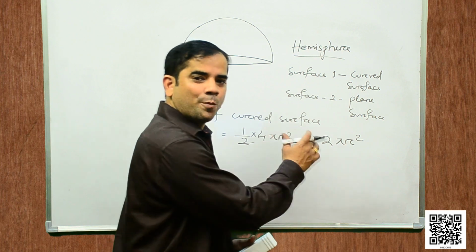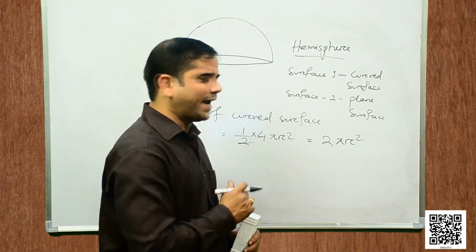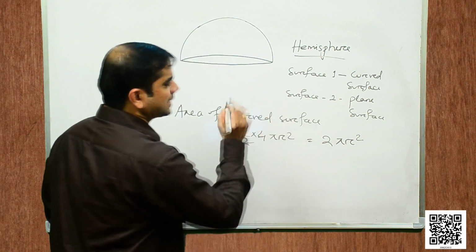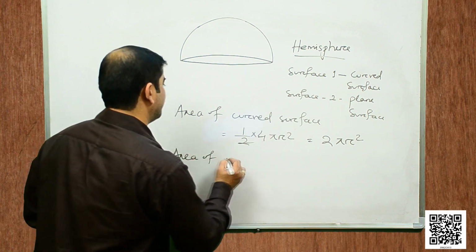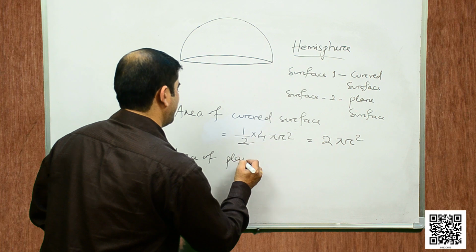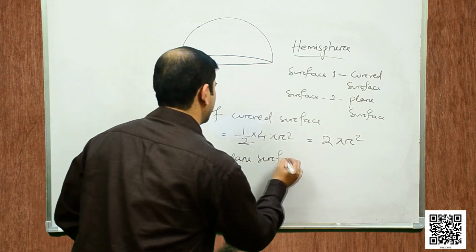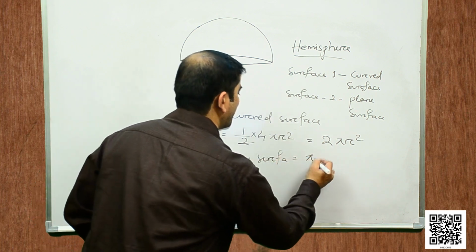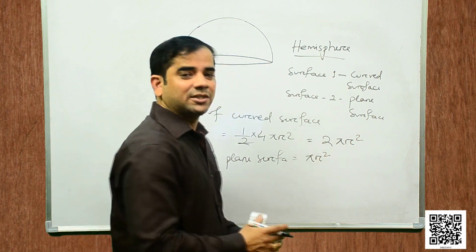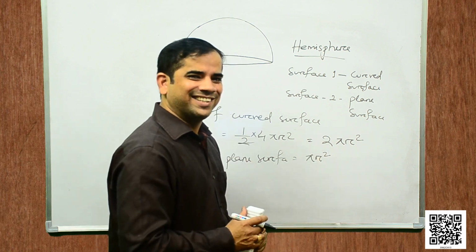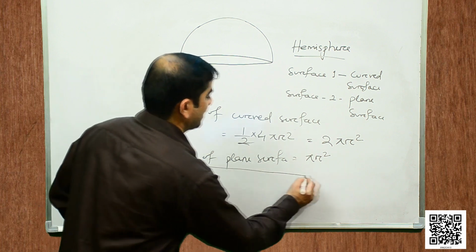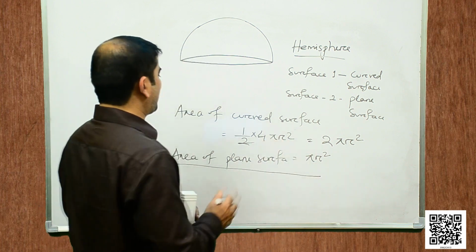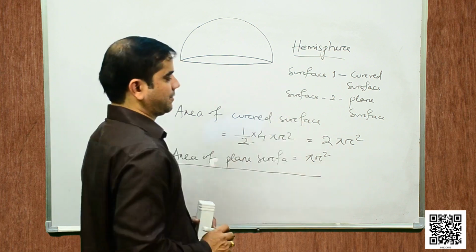Now what is the area of the plane surface? Area of plane surface is equal to pi r square, because it is a circle, isn't it? So this is the area of the plane surface and this is the area of the curved surface.